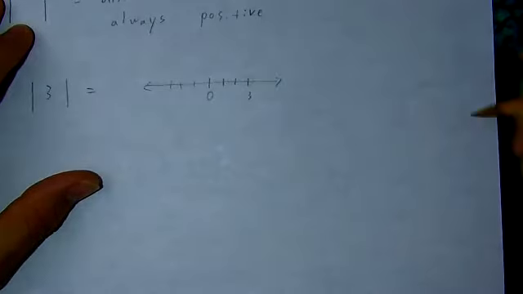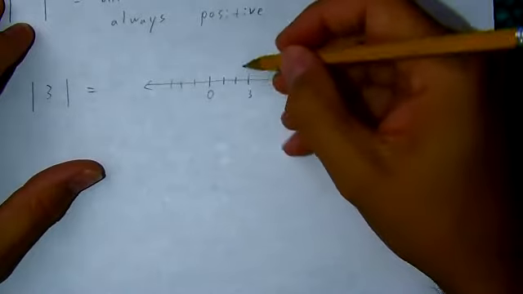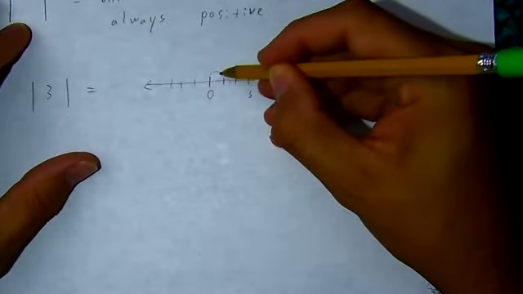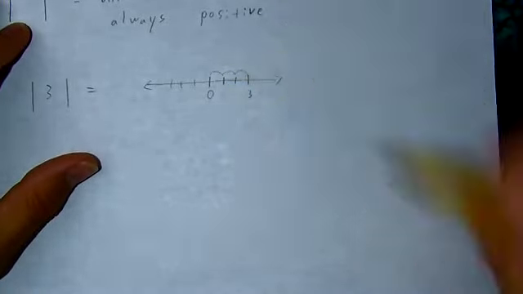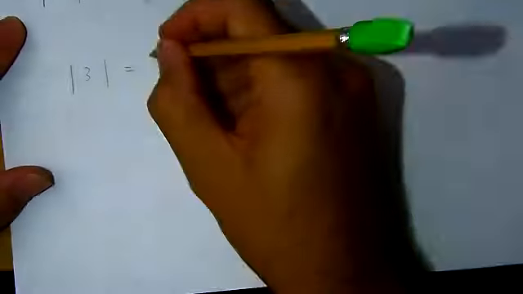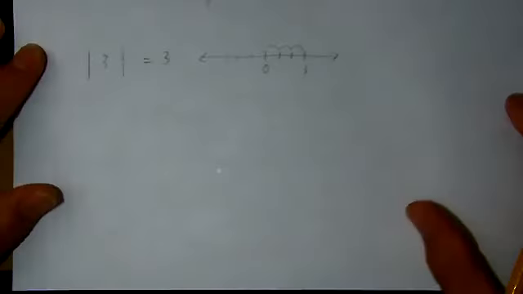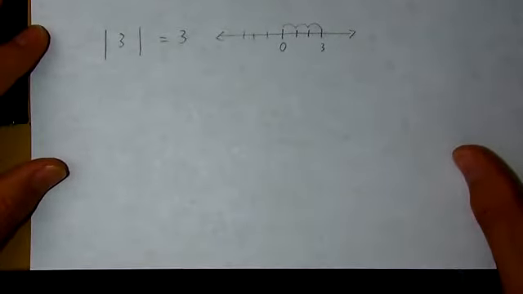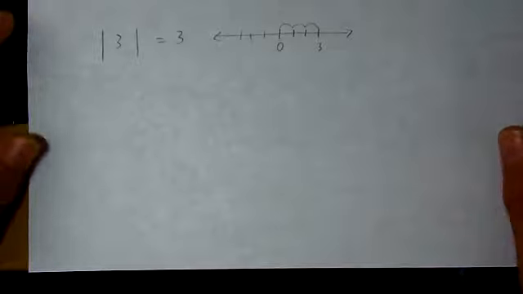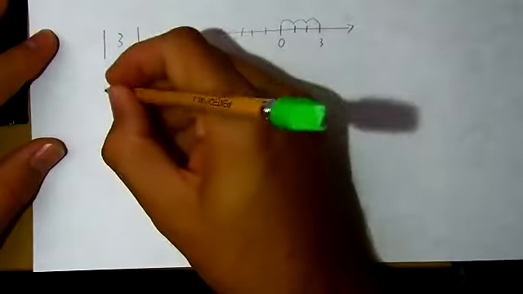So you've got 3 right there. So what you would count is your gaps. So 1, 2, 3. So you are 3 away from 0. Now that seems like it's obvious, but when it's not obvious is when they start getting into negatives.